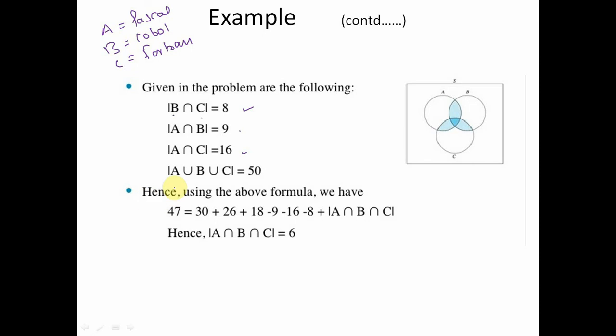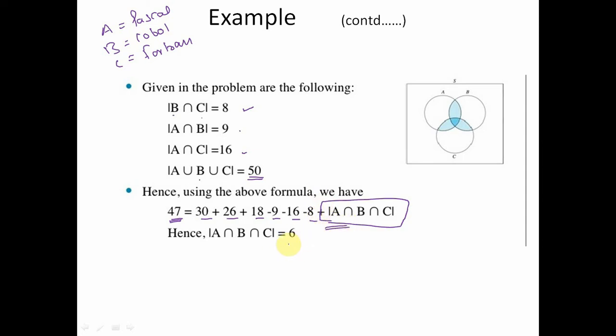And I know that A union B union C is 47. So I'll simply use the formula. 47 people I know, that is the total, the people who know at least one of the three languages. So this plus this plus this minus this minus this minus this, and this time I have to find out this value. This time I have not been given this value.